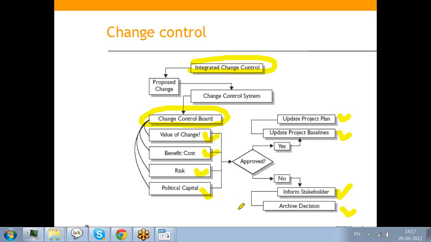So this is a workflow for a change control system. If it is there, you can use it during project execution and monitoring and controlling, and if it is not there, you will have to implement one. Anything that is under configuration management, that means anything which has a version number attached to it, should be managed using a change control system.